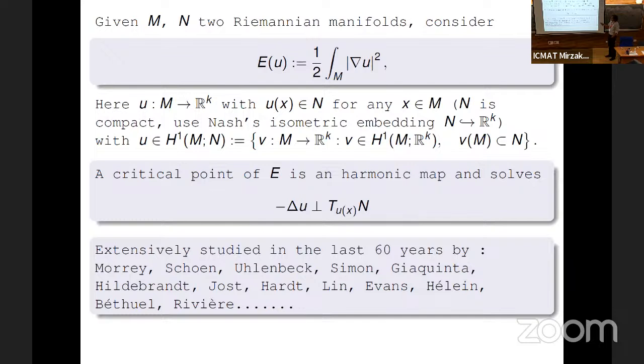And whether M is a manifold or a domain in R^d is just a matter of computing this Laplace-Beltrami operator or the usual Laplacian, so for the moment it's not a big issue. These maps have been studied quite a lot in the last 60 years, and this is just a very short list of some names that studied this kind of problem. Okay, so this is the context.